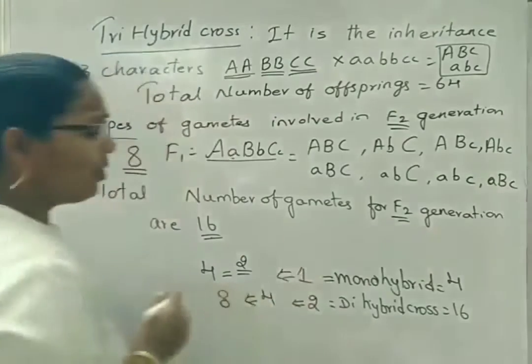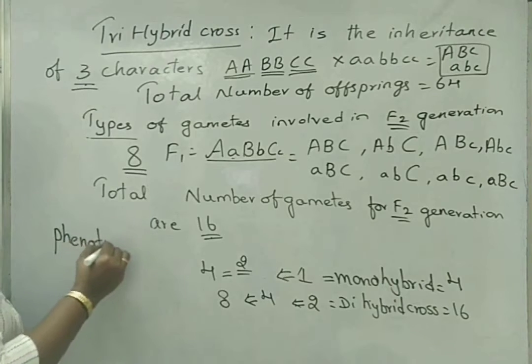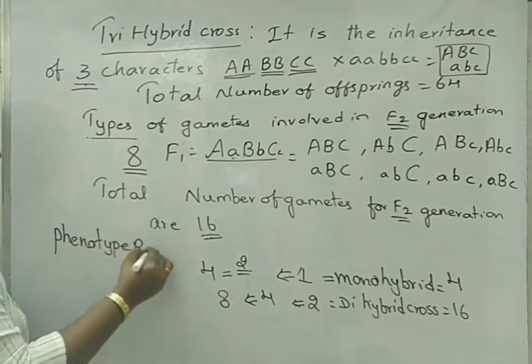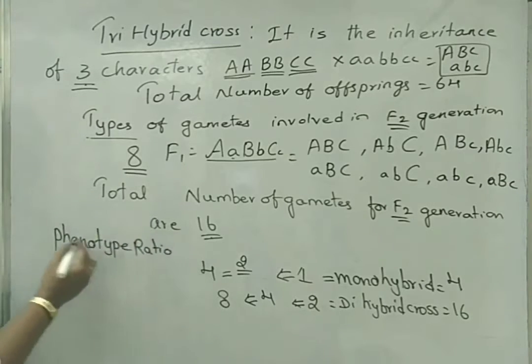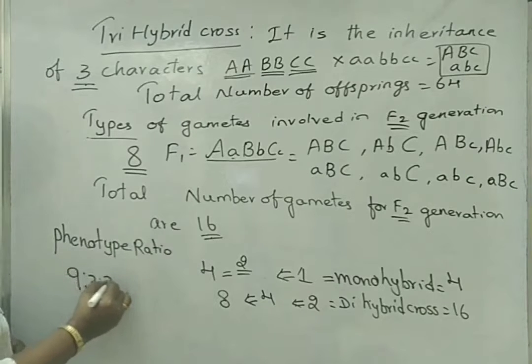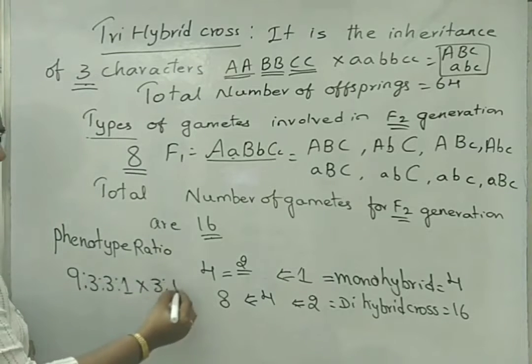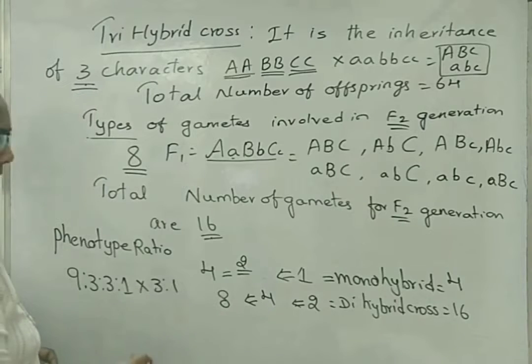Now, if we want to calculate the phenotypic ratio of trihybrid cross, already we have seen in dihybrid as 9:3:3:1. We can just multiply with one more cross, that is monohybrid phenotypic F2 generation ratio.